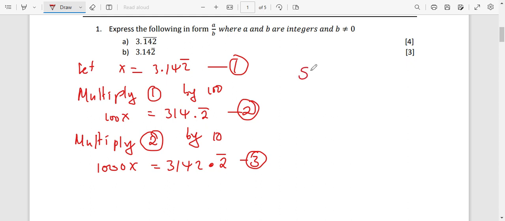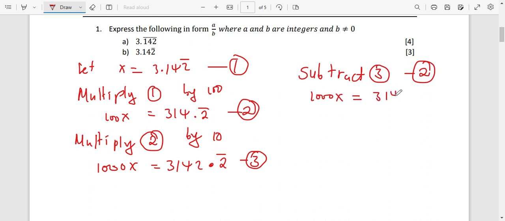So, which two equations are we going to subtract? Equation 2 and equation 3. Very good. So, subtract 3 minus 2. You can even do 2 minus 3, but it will give you negative numbers. So, I know people will get confused a bit when you get to use negative numbers.